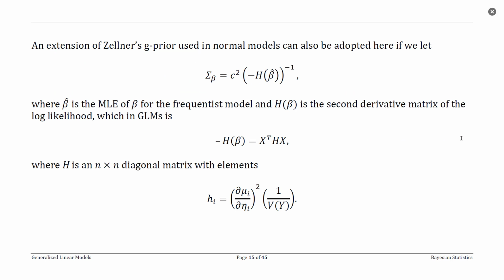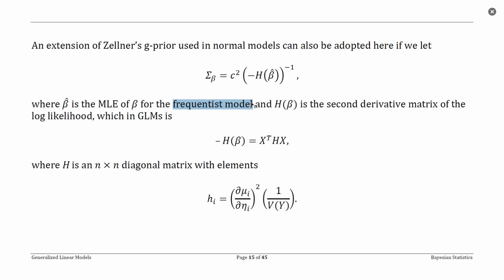Perhaps the most well-known way to parameterize sigma beta in the context of Bayesian GLMs is to use an extension of Zellner's g-prior that we discussed when we talked about normal error regression models. In that case, sigma beta is going to be equal to c squared times negative H of beta hat, inverse, where beta hat is usually the maximum likelihood estimator of beta for the frequentist model.